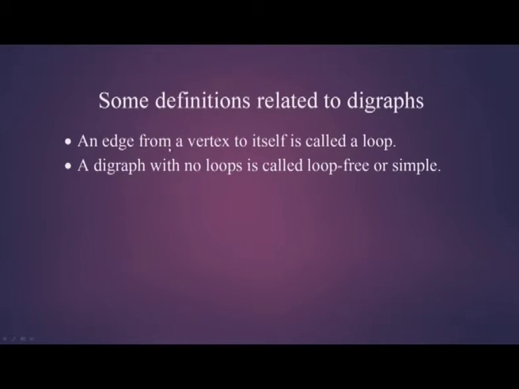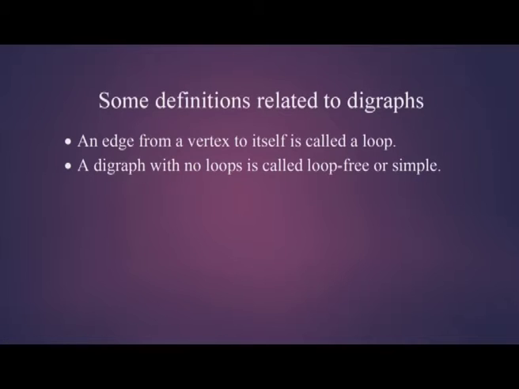Now, we will check some definitions related to digraphs. An edge from a vertex to itself is called a loop.